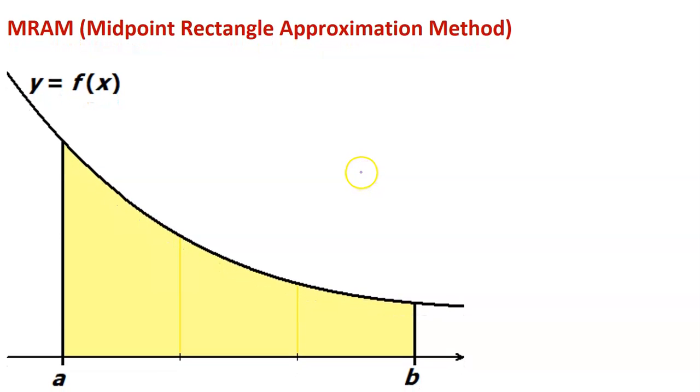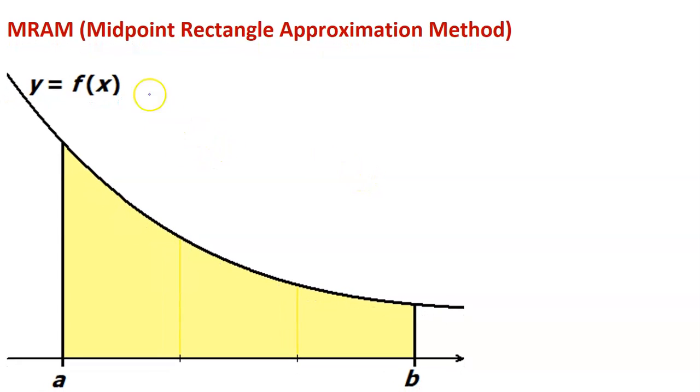Okay, the third method is called MRAM, which stands for Midpoint Rectangle Approximation Method. So in this case, we draw our rectangles so that the midpoint of each rectangle is on the curve. I'm trying to estimate. So this would be the midpoint of the rectangle, which would be on the curve.